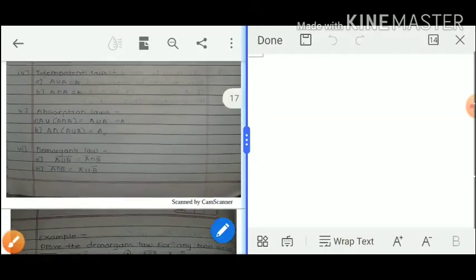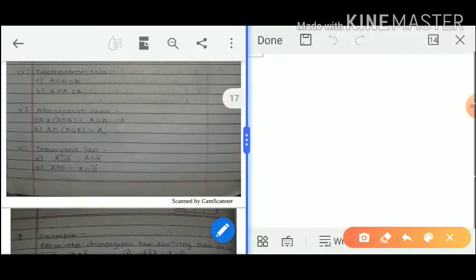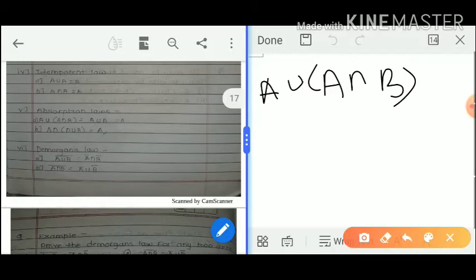Next law is absorption law. Suppose A union A intersection B is given. It is equivalent to A union A, which equals A.